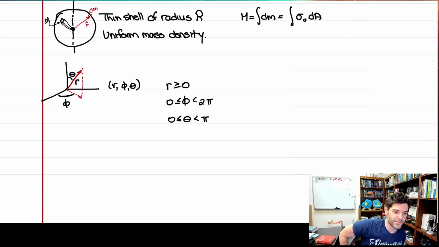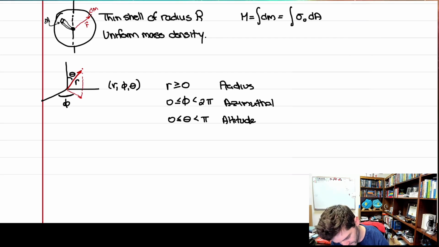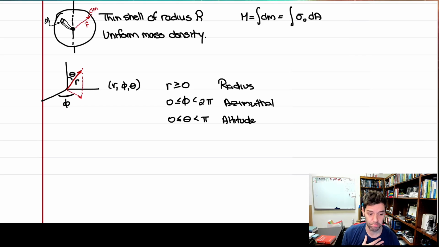And within those restrictions, I can uniquely define every point in this 3D space by a value of r, phi, and theta. So again, I know it as the altitude, the azimuthal angle, and then of course the radius.